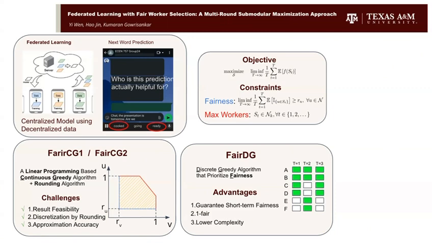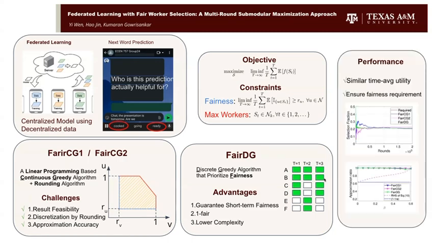If there are more, we select those with larger gaps. This approach ensures that each worker's number of selections stays as close as possible to their fair share, with the difference never exceeding 1. Compared to FairCG, it has lower time complexity.